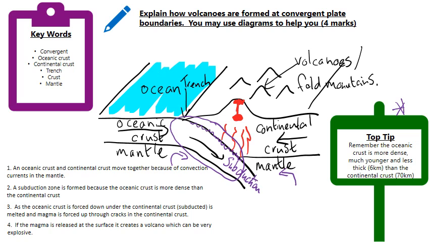So if it says here, if the magma is released at the surface, it creates a volcano which can be very explosive. And quite often the volcano is linked to the earthquake. The energy is building up to create an earthquake, and if that energy is released, it can make the volcano quite unstable, and that can create an eruption itself.